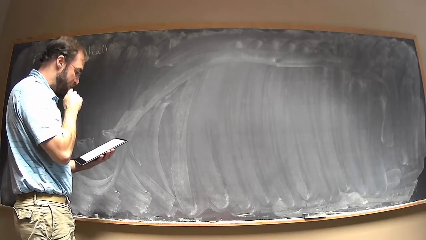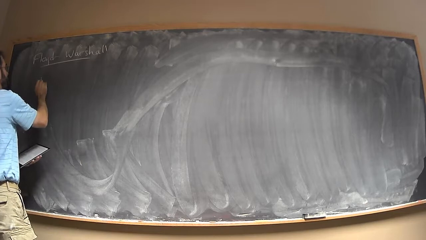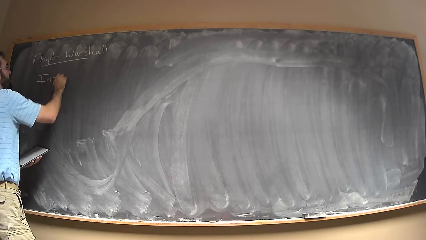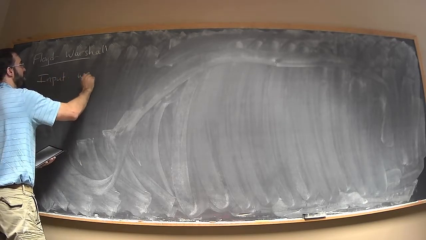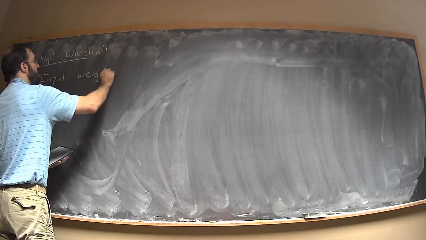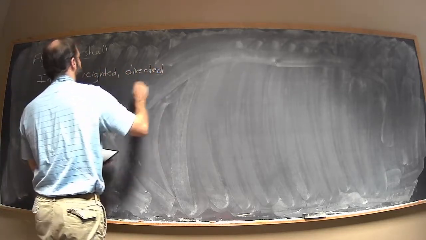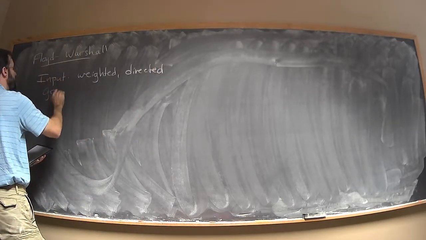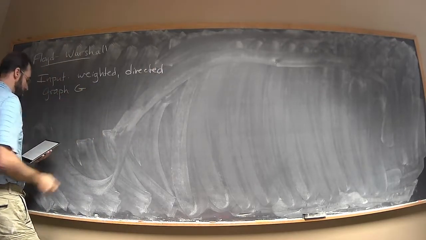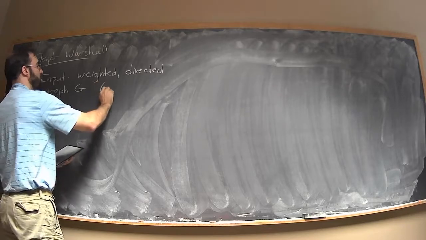Right, and the problem is, as input, we're given a weighted, directed graph G, and the weights can be negative.